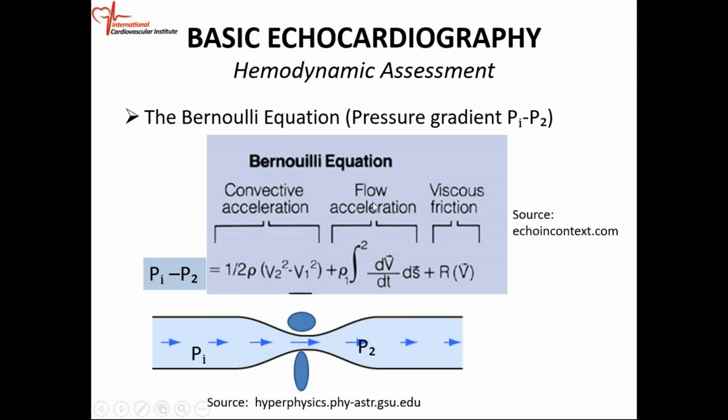And then this is the flow acceleration. This is an integral sign, those of you who did math. So you're going to integrate the velocity with respect to time, and this is the distance. And then the viscous friction is the resistance and the velocity.